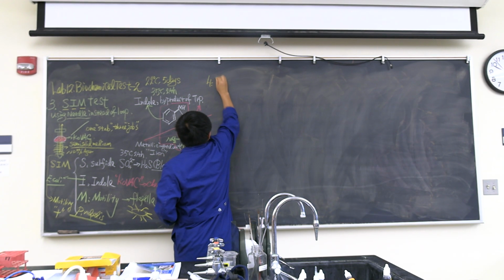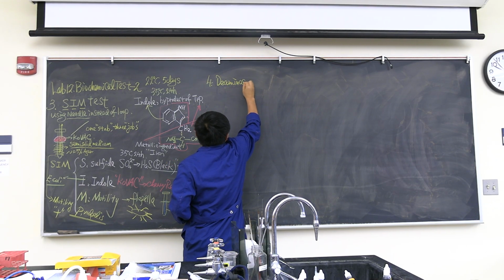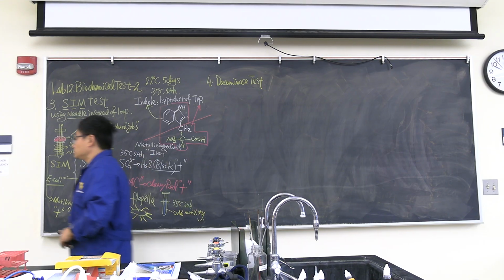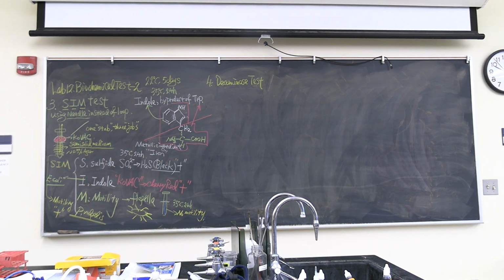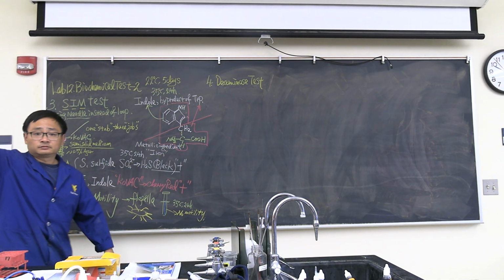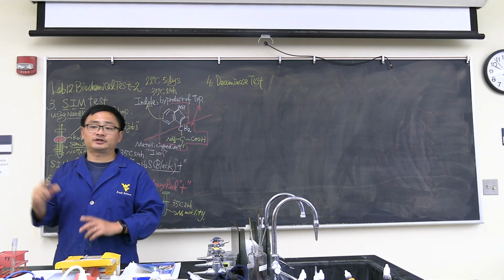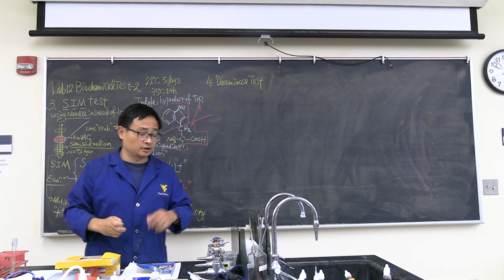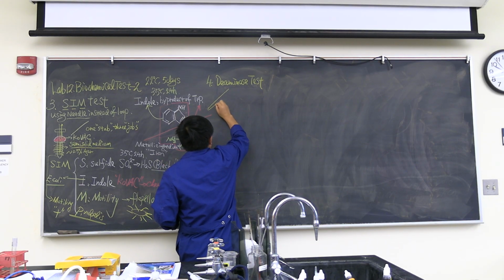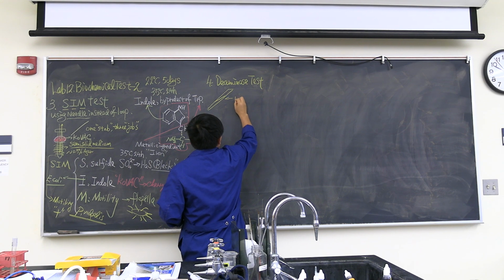Second one, the deaminase test. The deaminase test is also very simple. You're going to get a slant called the phenylalanine deaminase slant. And then you inoculate the bacteria, but this time use loop, not a needle.